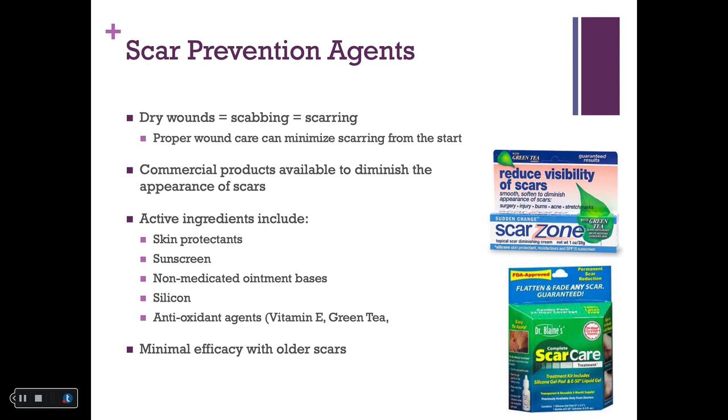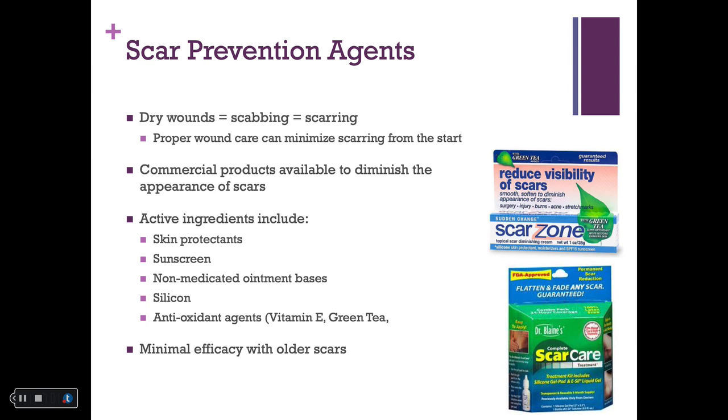There are some agents over the counter that are specifically targeted to scar prevention. And again, dry wounds will lead to scabbing, which can lead to scarring. And so proper wound care really can minimize scarring from the start, but there are products that you can use after the fact to diminish the appearance of scars.